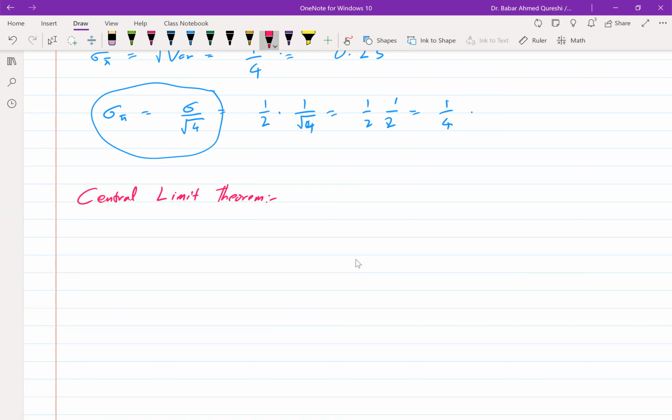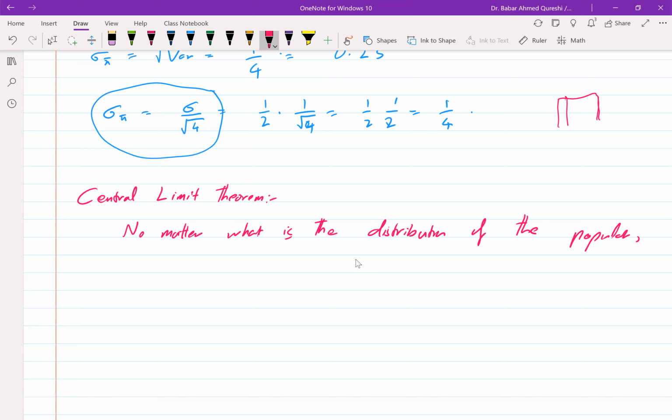It says no matter what is the distribution of the population, like in this case, the population distribution wasn't bell-shaped. That was kind of a square. Each was equally likely.